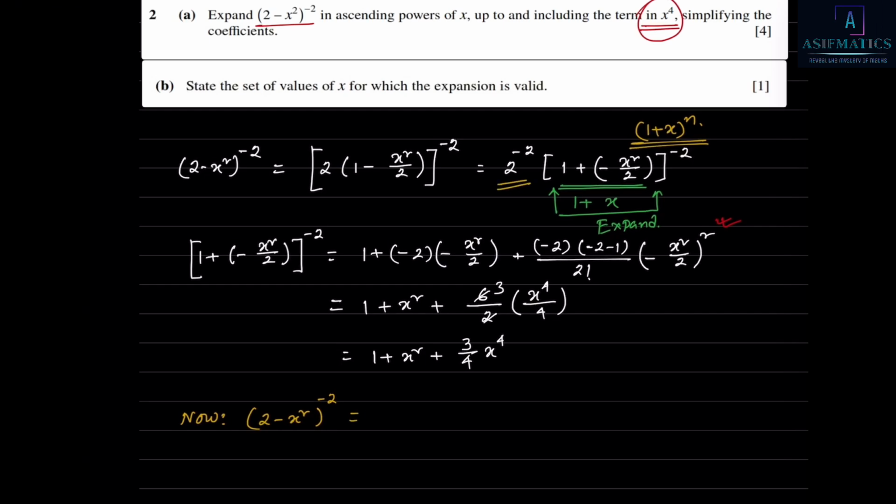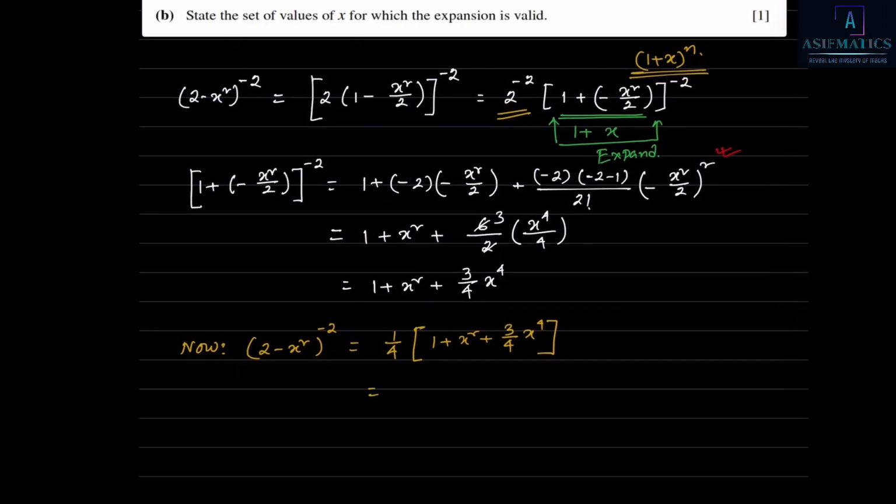So we can write 2 to the power negative 2, that means 1 by 4, times 1 plus x squared plus 3 by 4 x to the power 4. So our final answer would be 1 by 4 plus 1 by 4 x squared plus 3 by 16 x to the power 4. Alright, so this is our final answer.